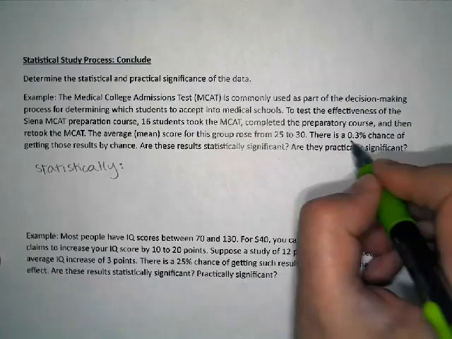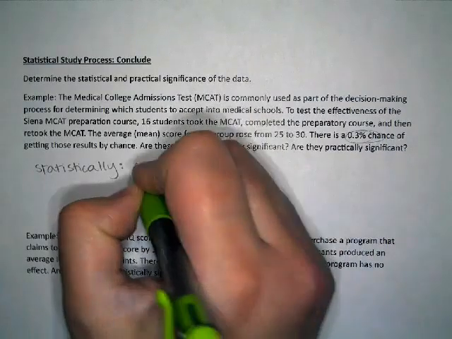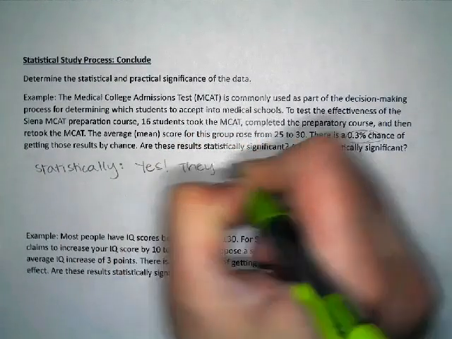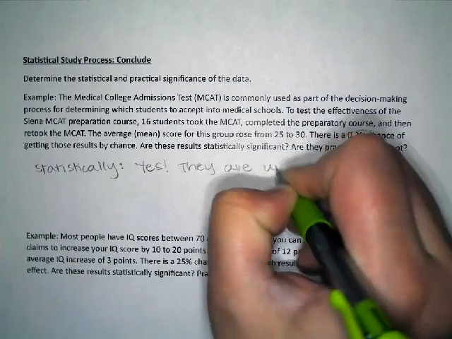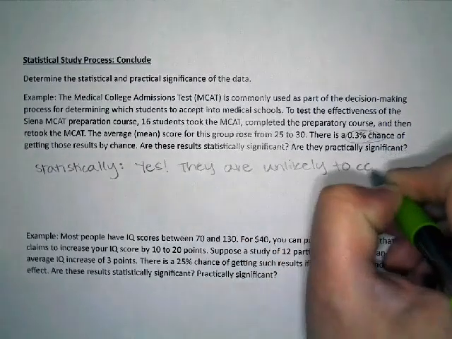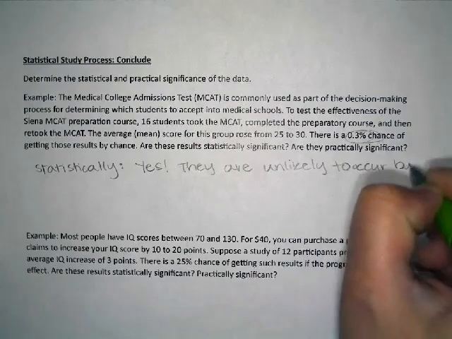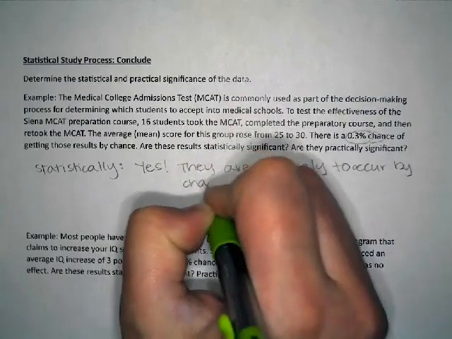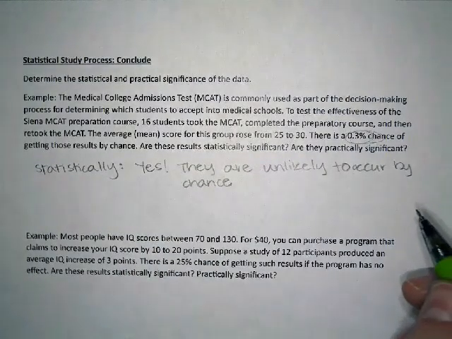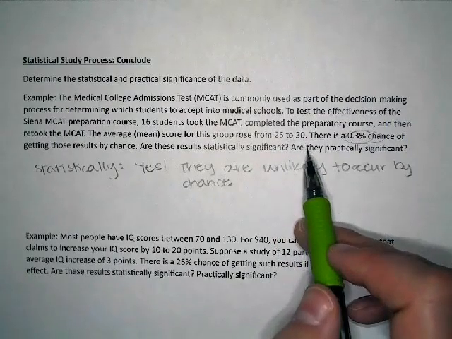So yes, they are unlikely to occur by chance. Those results are unlikely to occur by chance. If the scores rose from 25 to 30, it's definitely because they took that preparatory course. Are they practically significant?